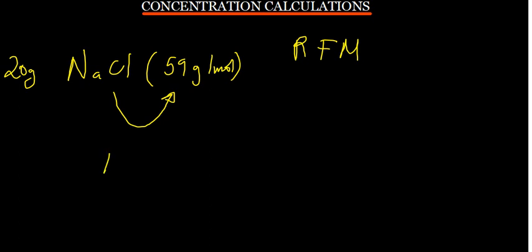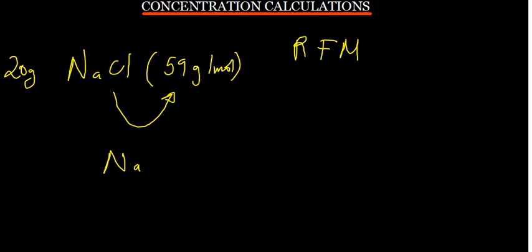If it is an atom, you call it relative atomic mass. Relative atomic mass is the mass of an atom. Relative molecular mass is the total relative atomic masses of a molecule. Relative formula mass is the total atomic masses of an ionic compound. So this value I have found is the relative formula mass.